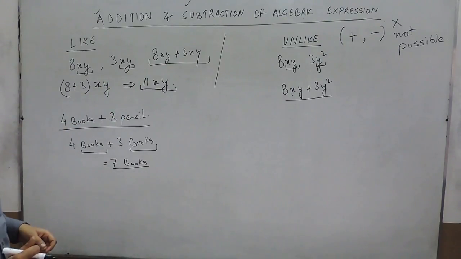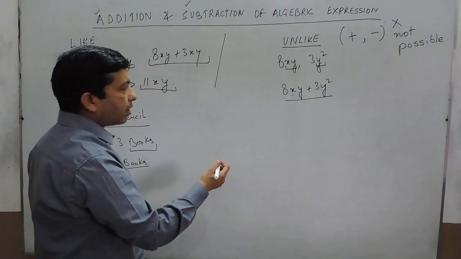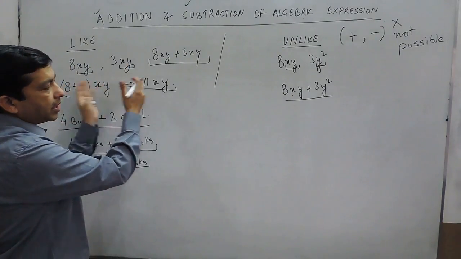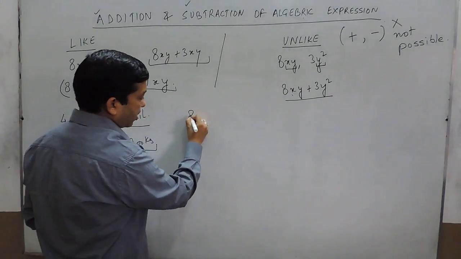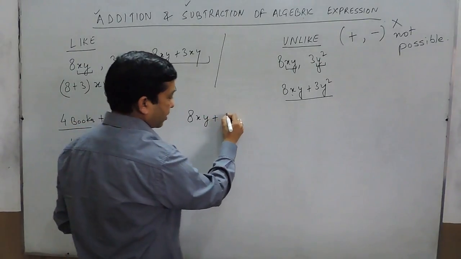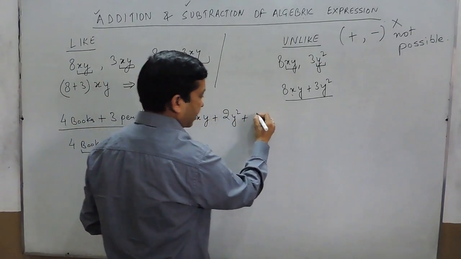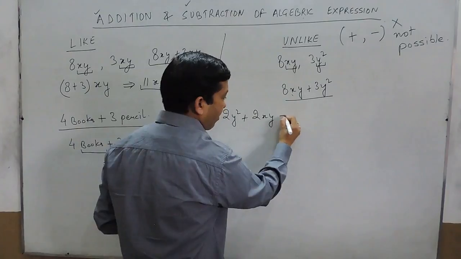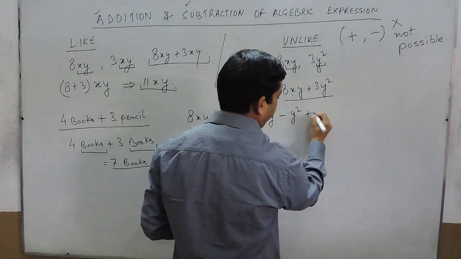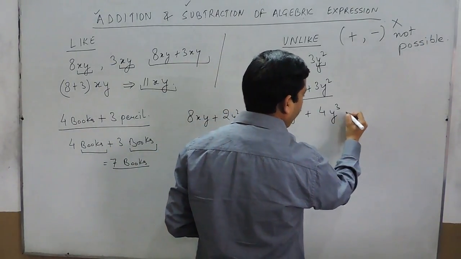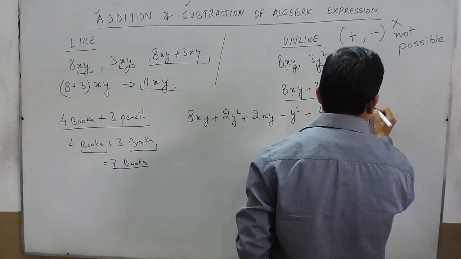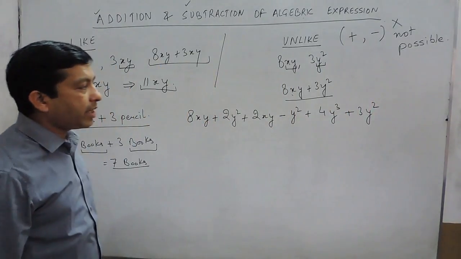Now, when we talk about a polynomial, the number of terms is more than one. Suppose 8xy plus 2y square plus 2xy minus y square plus 4y cube plus 3y square. Suppose I have to add all these terms.